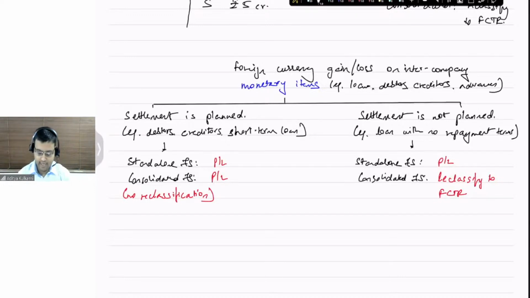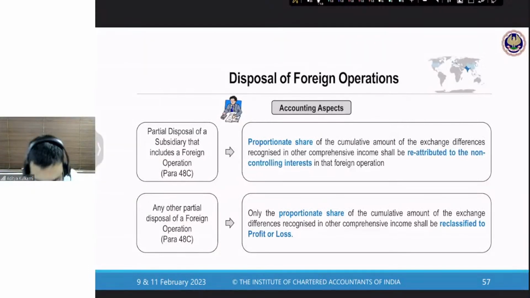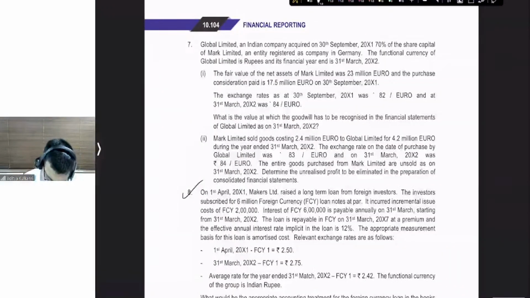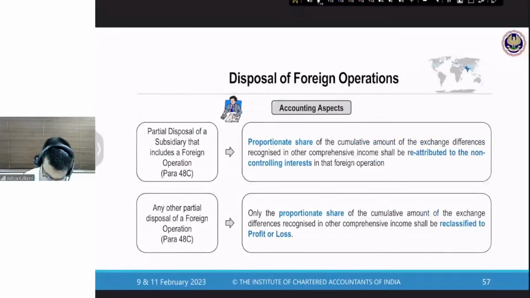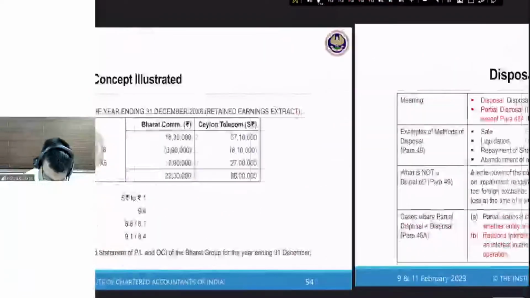Now let us quickly pick up a question on consolidation in a foreign subsidiary. I'll take you through the steps and we will see how things proceed.